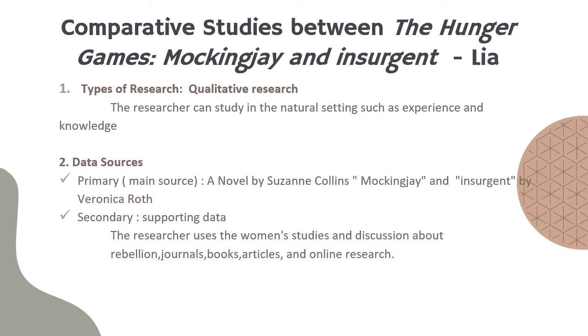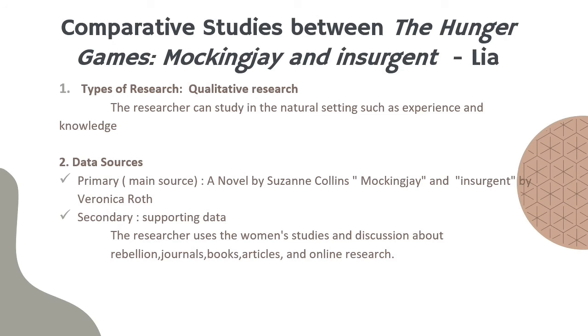And the next study is a comparative study between The Hunger Games, Mockingjay, and Insurgent by Leah. In her type of research, she also used qualitative research. Therefore, the researcher can study in natural settings such as experience and knowledge. And Leah's data source also consists of 2 types.